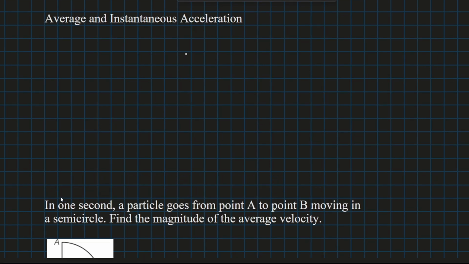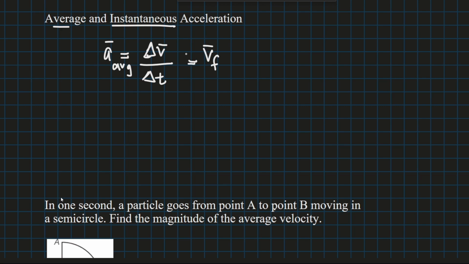Average and instantaneous acceleration. Acceleration is a vector quantity, and if we want to find average acceleration, we take the change in velocity upon the change in time, or we could also write it as v final minus v initial upon delta t.